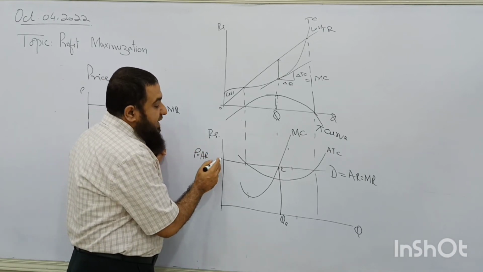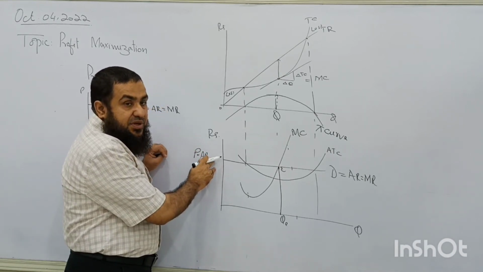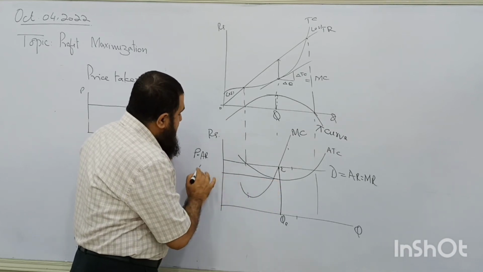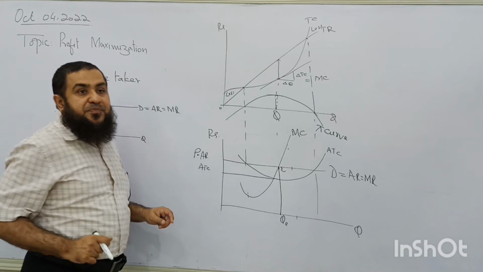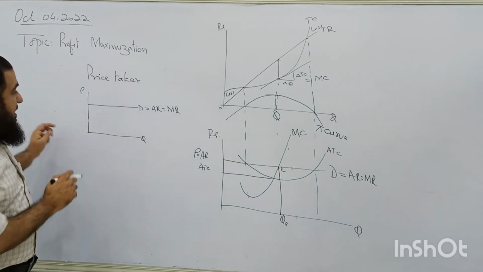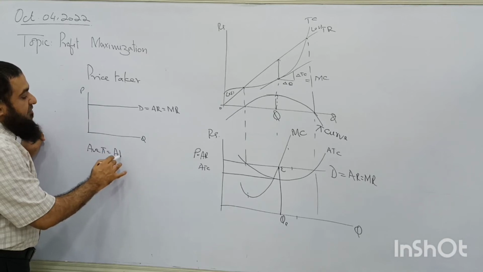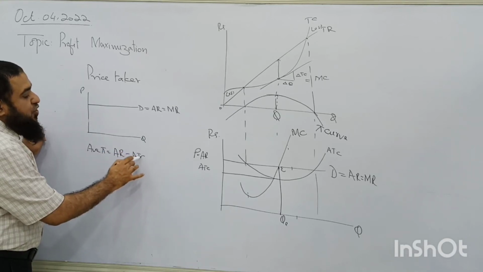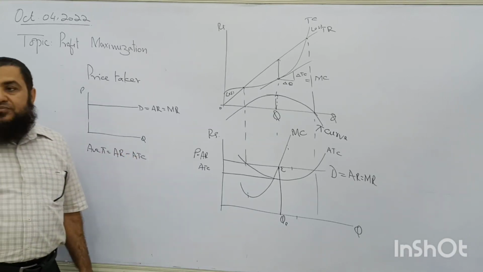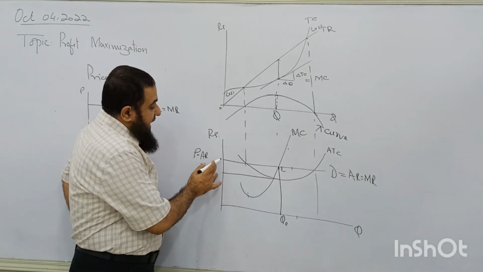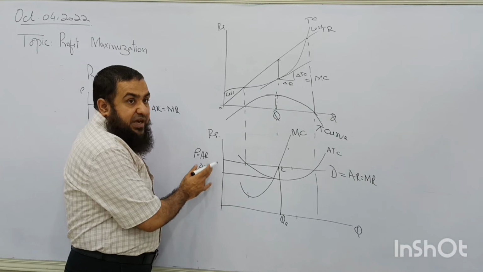This is showing us the average revenue of the firm. And at this level of output, this is the average total cost. I wrote it earlier that average profit is average revenue minus average total cost. Please listen. You can see average revenue is lying above the average cost.